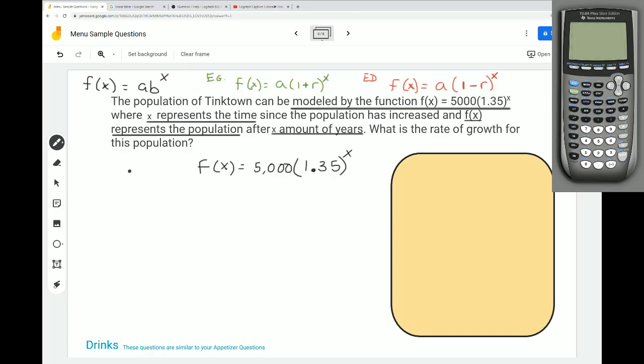Some things that we want to remember is that a represents our initial value, r represents our rate. Now, this is very important, our rate as a decimal. And x represents time.